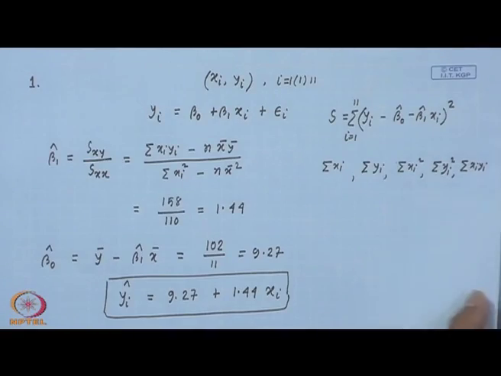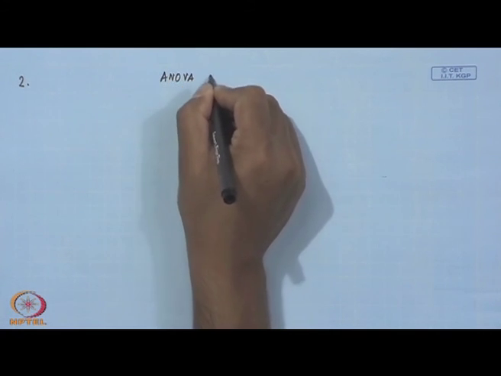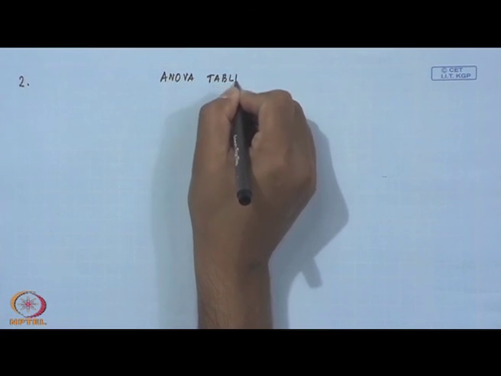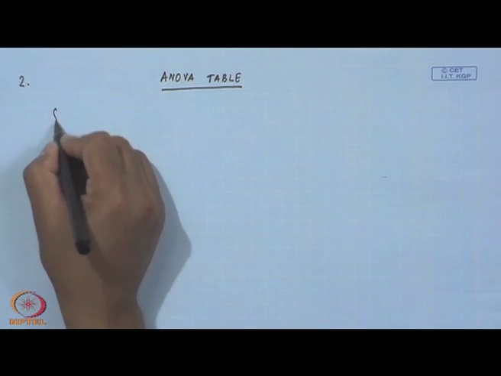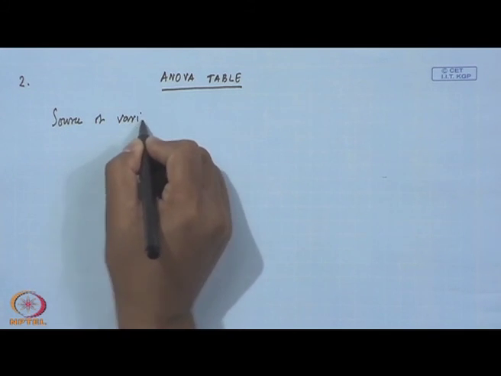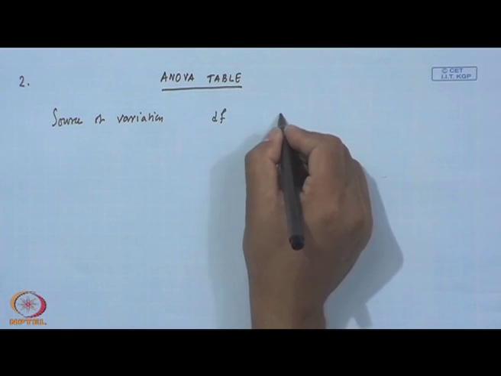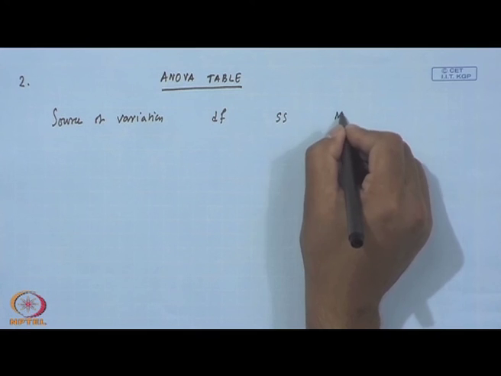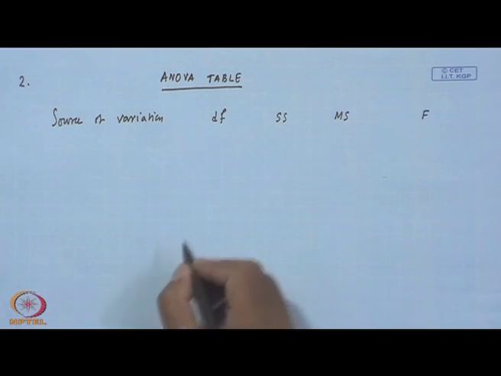So, now construct the ANOVA table: source of variation, degree of freedom, sum of square, MS and the F statistic.